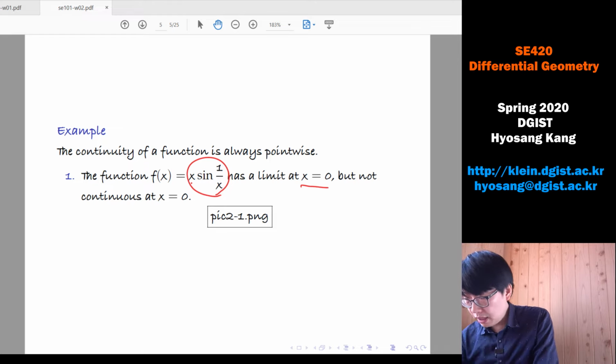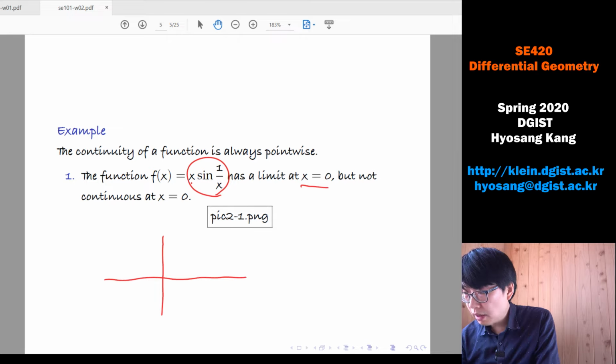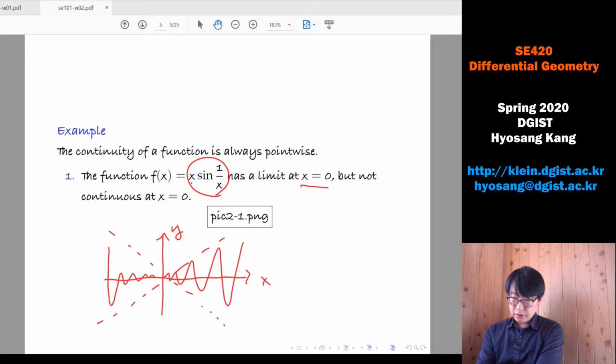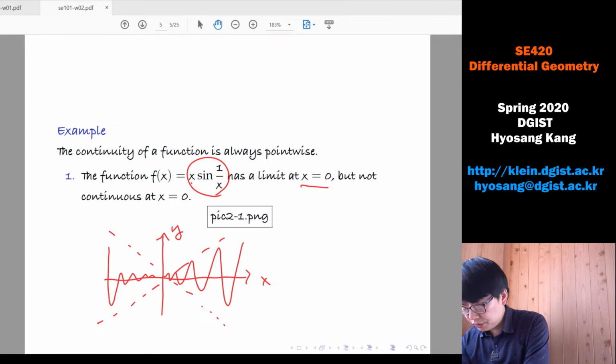So we're going to draw this function in the recitation session too. So how this graph looks like, this looks like this. So we have asymptotic line, which is y equals x, and this is x, and this is y. This has a limit. If x approaches 0, the function approaches 0. So the limit is 0, but this is not continuous.